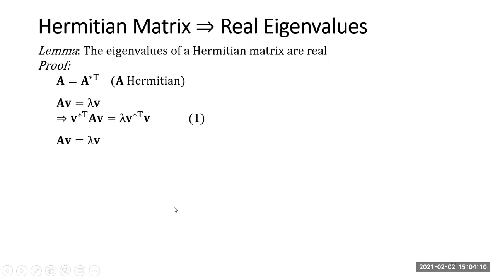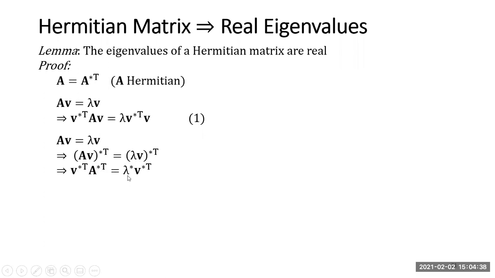Again, from the definition, AV equals lambda V. Let me apply the conjugate transposition on both sides. So AV star transpose equals lambda V star transpose. Hence, when I do the transposition, I must reverse the order of appearances. Hence, V star transpose times A star transpose equals lambda star.